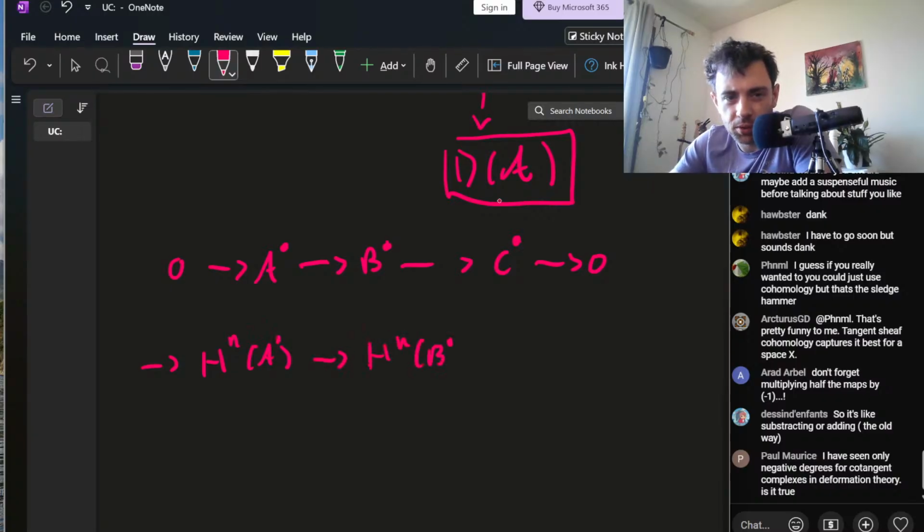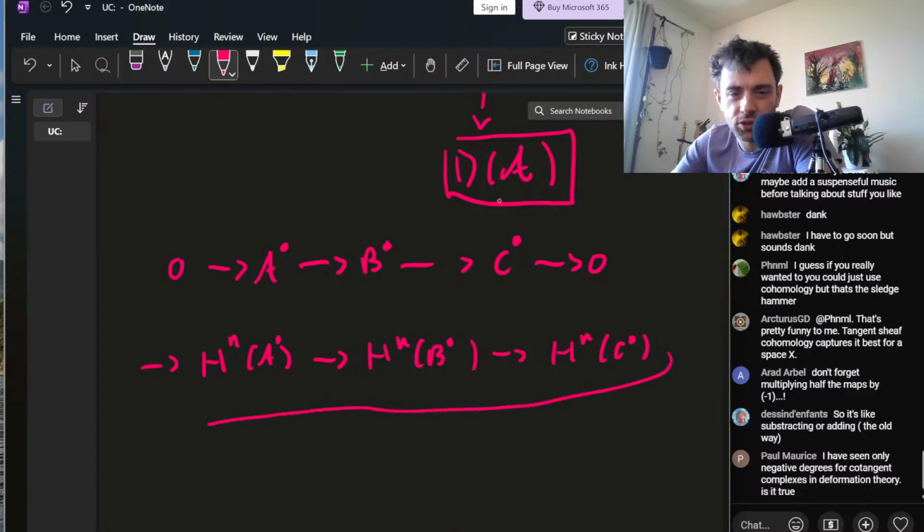I guess I should be putting dots here. And then the connecting homomorphism is some sort of degree-jumping map. So these are kind of the fundamental ideas.